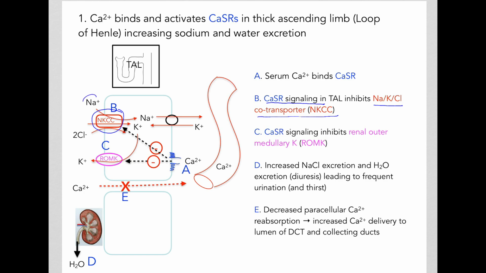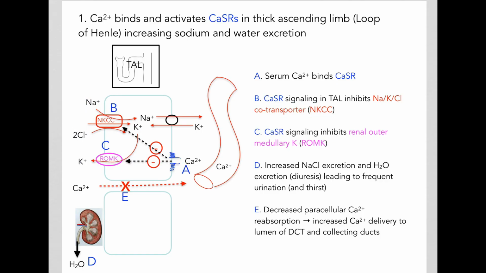This is a protein that brings in sodium chloride as well as potassium into the cell, and it relies on this other protein, ROMK, which is also inhibited, because ROMK takes this potassium and sends it out into the cavity.